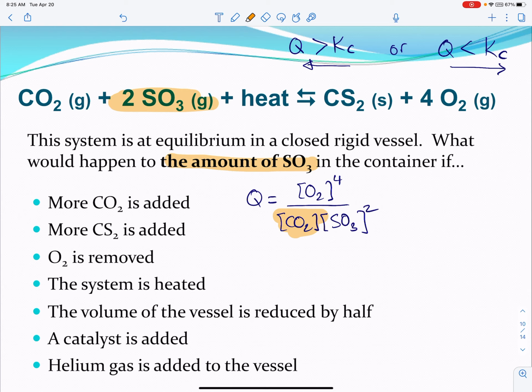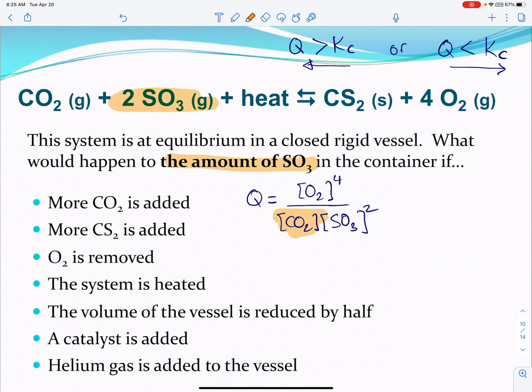As we said above, that results in a forward shift of equilibrium. It's going to shift forwards in response to this. And the last thing to note is that if it's shifting forwards, SO3, which is on the left side of the equation, will decrease. So the amount of SO3 will decrease.